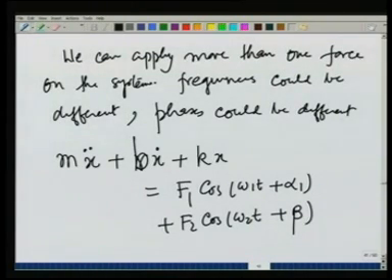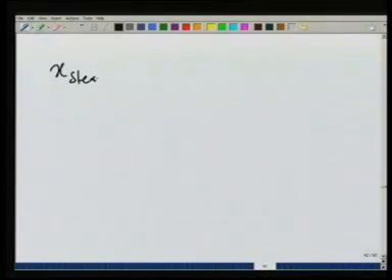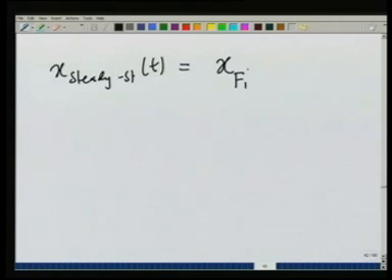So, there are two different phases, alpha and beta, for the two different forces. What would be the general motion? Recall that this is a linear equation, and therefore the principle of superposition holds. If I were to look at only the steady state solution, x steady state, it would be the solution corresponding to F1 plus the solution corresponding to F2. This is because of the superposition.